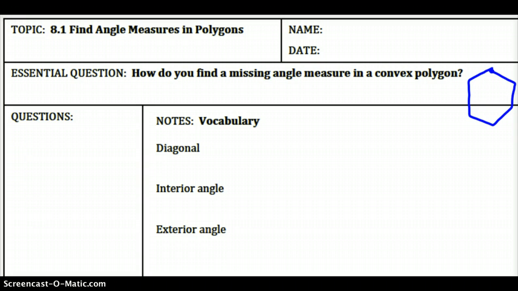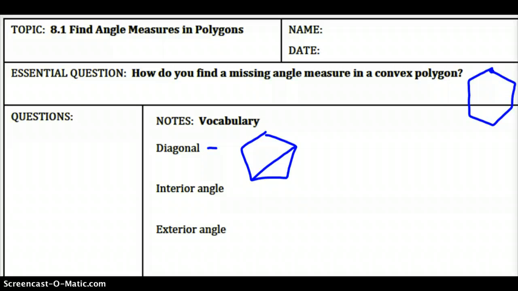Okay? A diagonal. A diagonal looks like this. Of any polygon, a diagonal is this cross segment, so to speak. Diagonal is also used to kind of describe a line that's not horizontal or vertical.